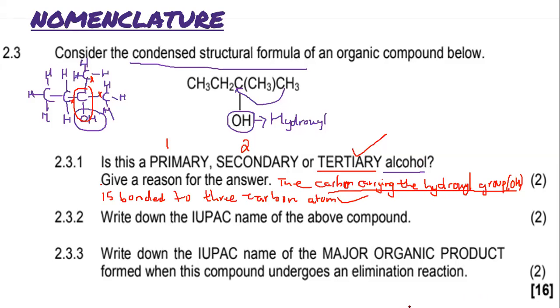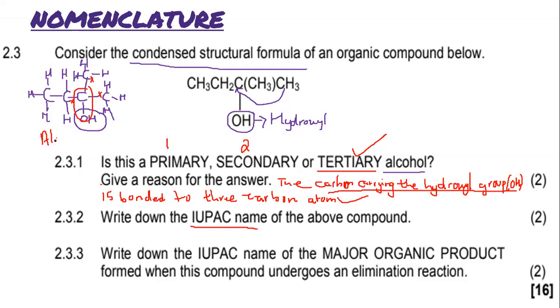Then we are required to write down the IUPAC name of the above compound. Now, if we want the IUPAC name, you must remember that we have to apply IUPAC rules. To give a name to this compound, firstly, you will check to which homologous series it belongs.